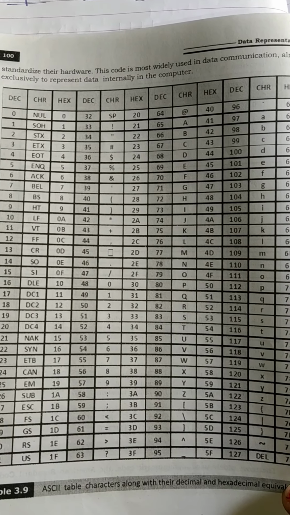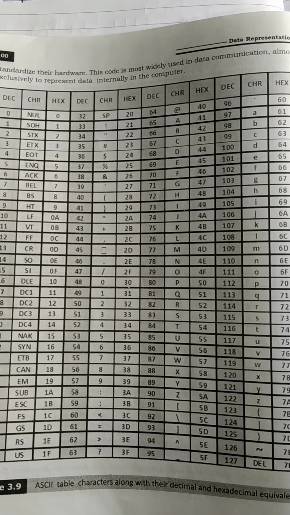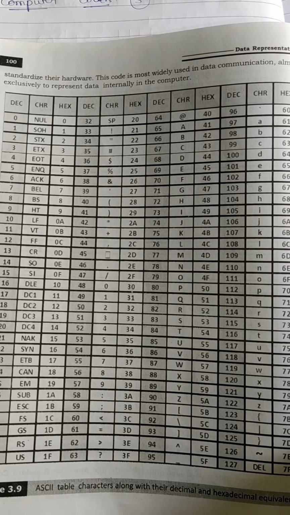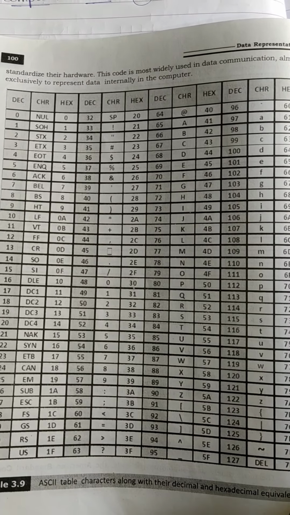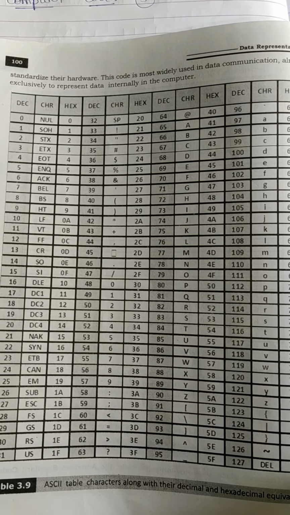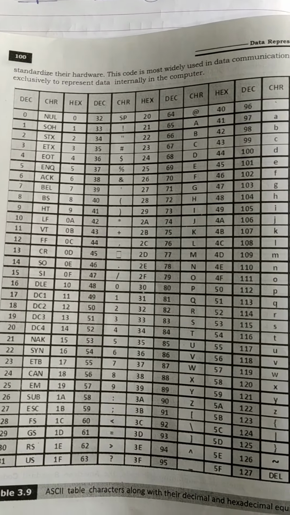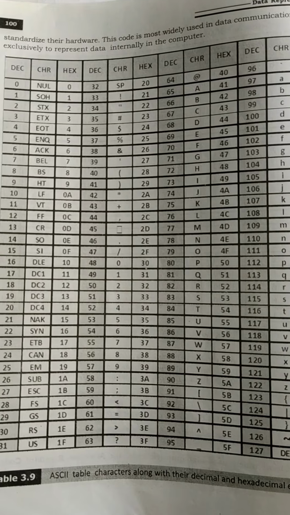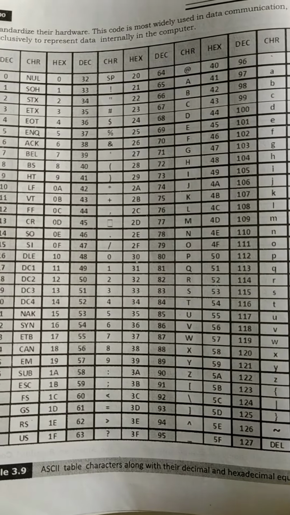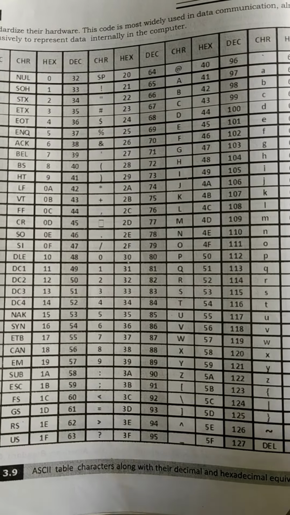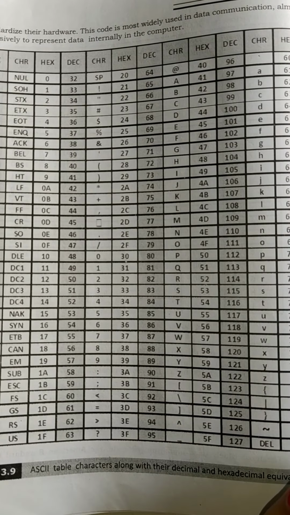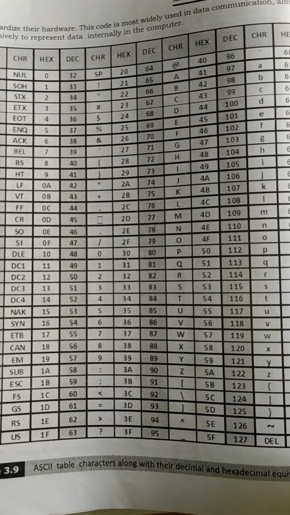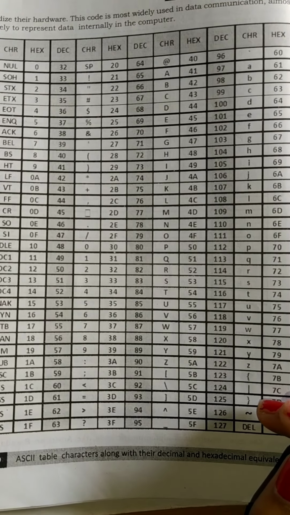ASCII has two types, that is ASCII 7 and ASCII 8. ASCII 7 is a 7-bit code, so it has 2 to the power of 7. For example, BCD is 2 to the power of 4. 2 to the power of 4 means 2 into 2 into 2 into 2: 2 twos are 4, 4 twos are 8, and 8 twos are 16.